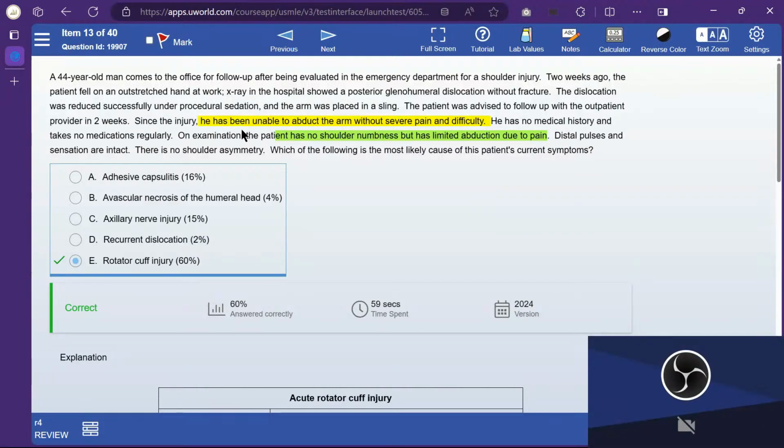Since the injury, he has been unable to abduct the arm without severe pain and difficulty.